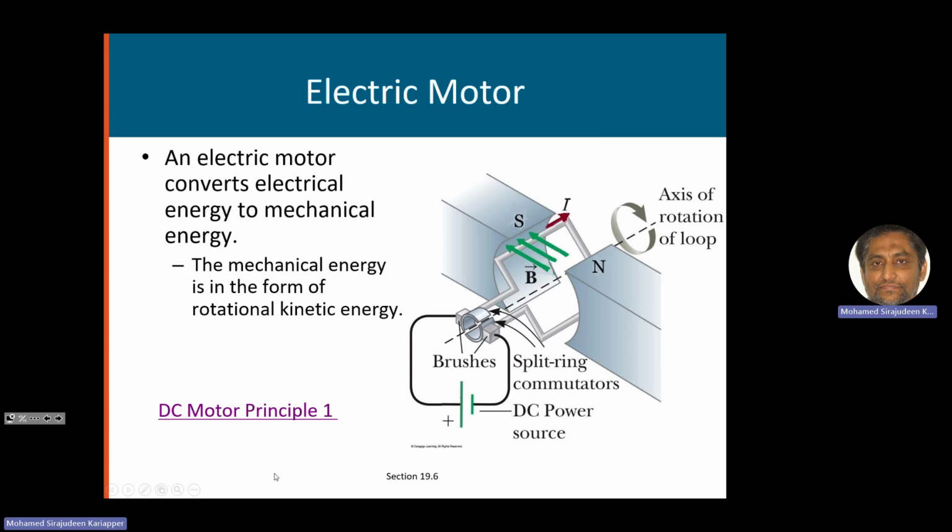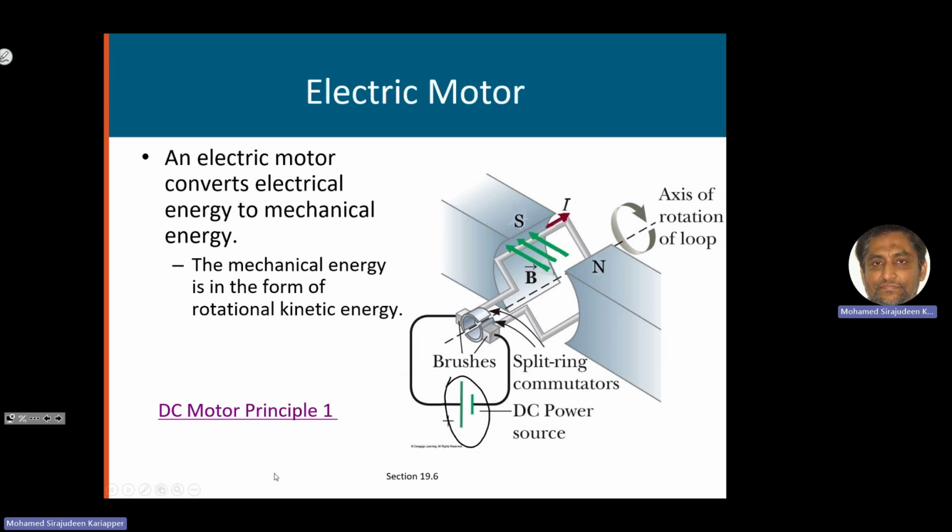So we start with the DC motor, meaning the power supply is a battery that sends a direct current. The problem is, when it has a torque with the magnetic field, applying the right hand rule, it will rotate.